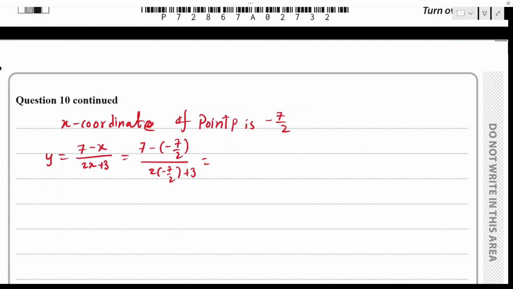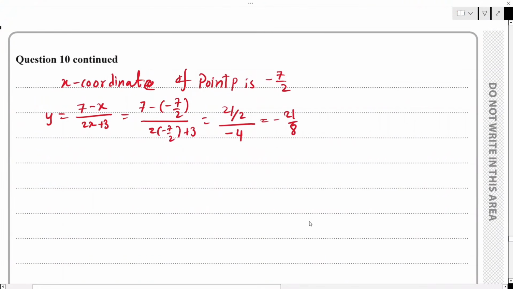This will give us 21 by 2 divided by minus 7 plus 3, which is minus 4. So ultimately we get minus 21 by 8.